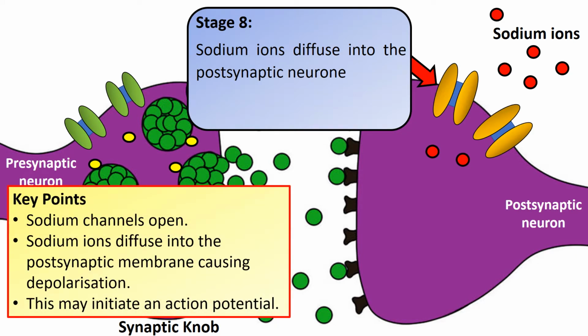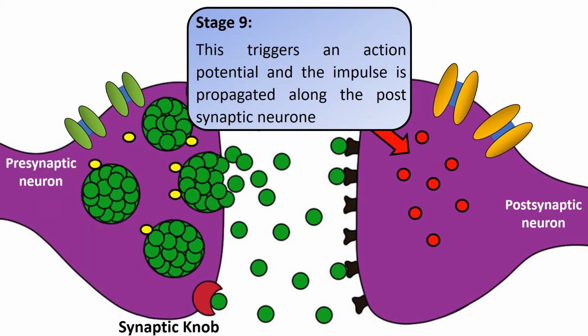Key points that you must include at this stage is that this causes a depolarisation in the membrane, and that this may, not always, initiate an action potential. So this triggers an action potential to be propagated, so that just means move down the postsynaptic neuron.